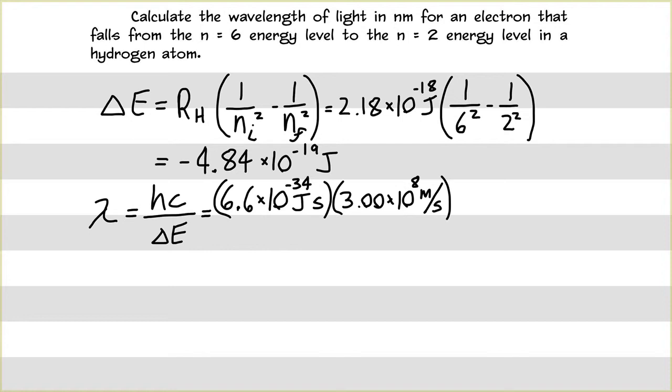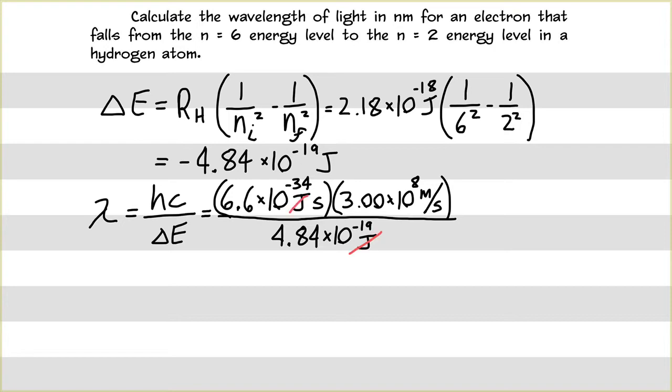And lastly, the downstairs number is going to be our energy. And we need to remember to remove that negative sign, 4.84 times 10 to the power of negative 19, and that's in joules.